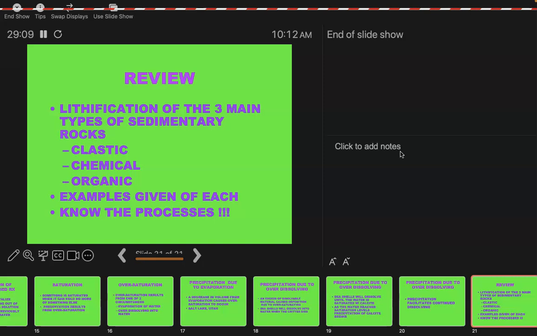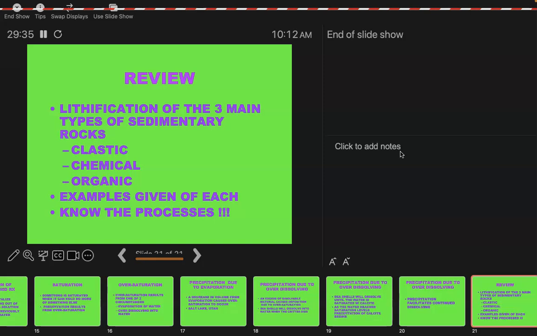You need to be able to explain the lithification process for all three types of sedimentary rocks. Arguably name all three types of sedimentary rocks. Presumably that would come up while explaining the lithification process. You need to know some names. We gave you sandstone and shale for clastics.